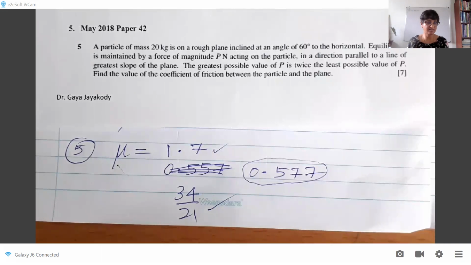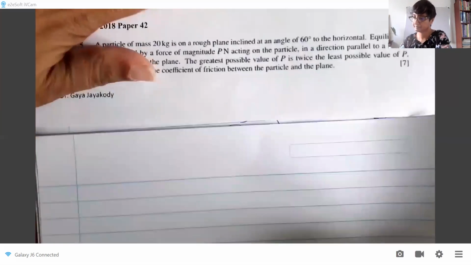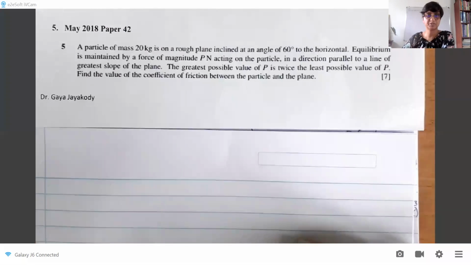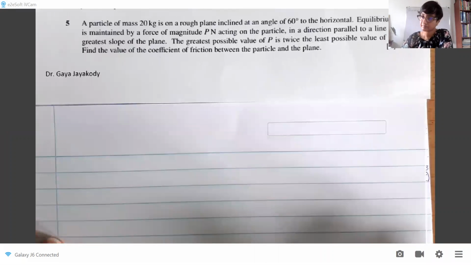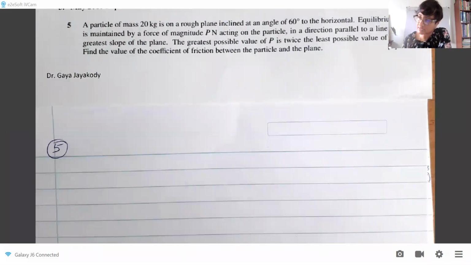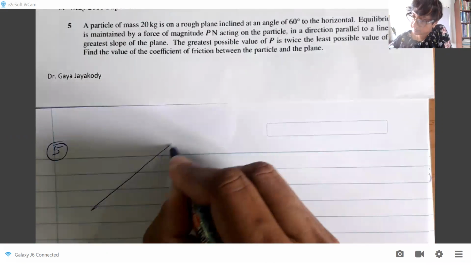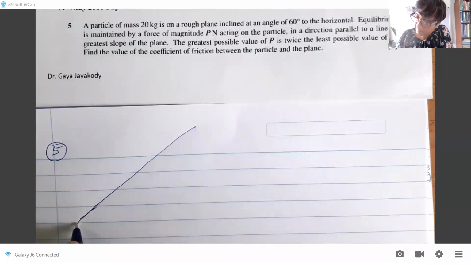Should I start it maybe and show you then? Okay. Let me keep the question like that. This is question number 5. A particle of mass 20 kg is on a rough plane inclined at an angle of 60 degrees.